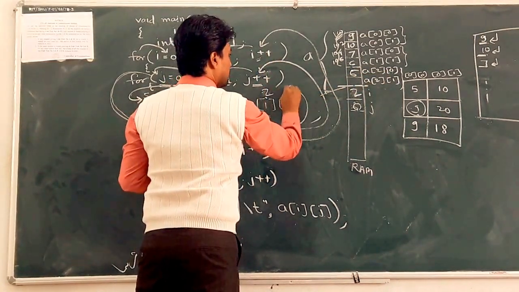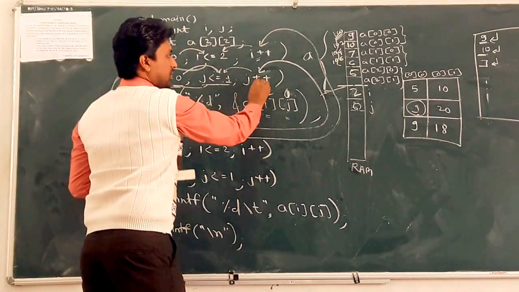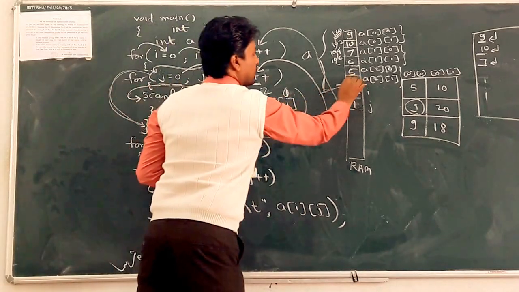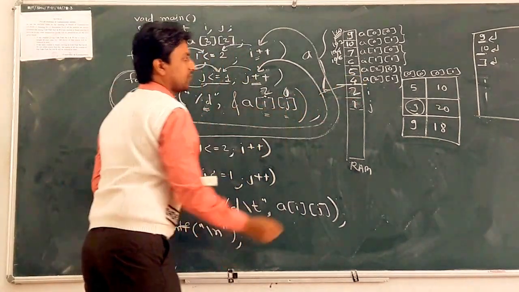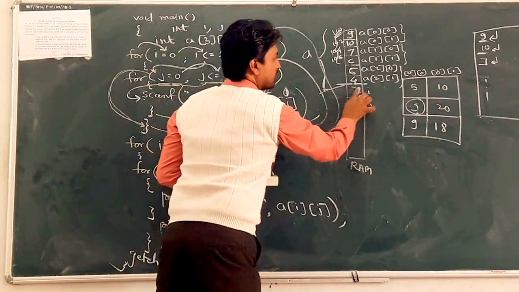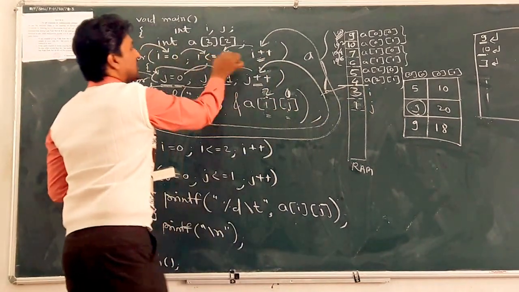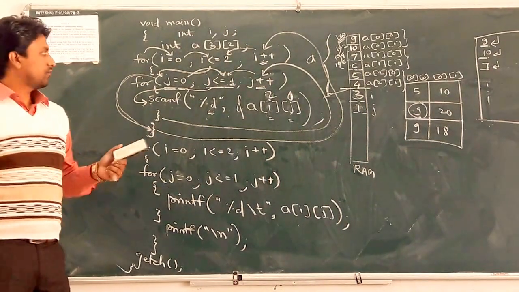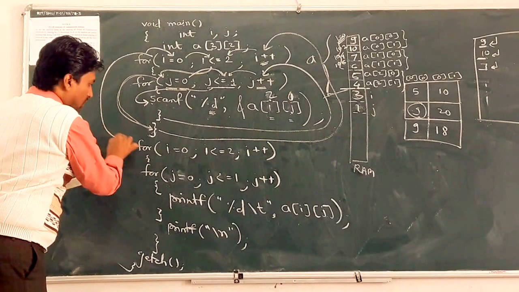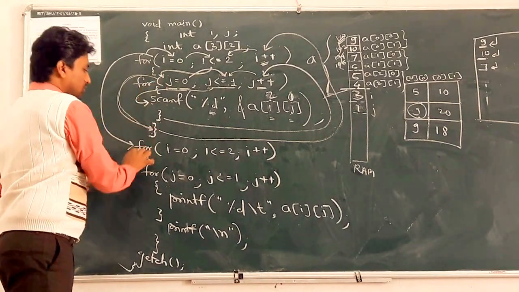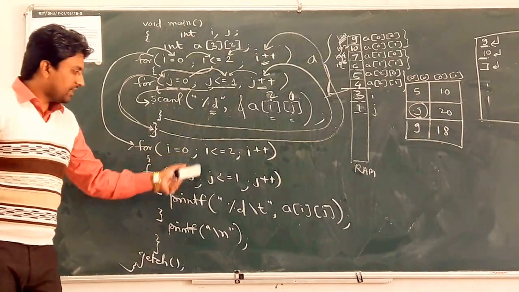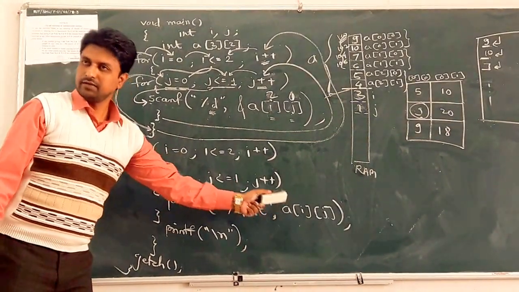Then j plus plus, that means 1, then 1 less than or equal to 1, suppose 4 is stored, next the condition is false. Then again the outer for loop, that is i plus plus. What is i plus plus now? 3. So 3 less than or equal to 2, condition false. So this for loop is over, so the cursor goes out of that for loop. Next is the next for loop.